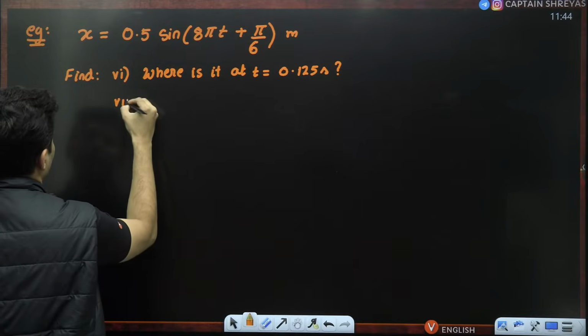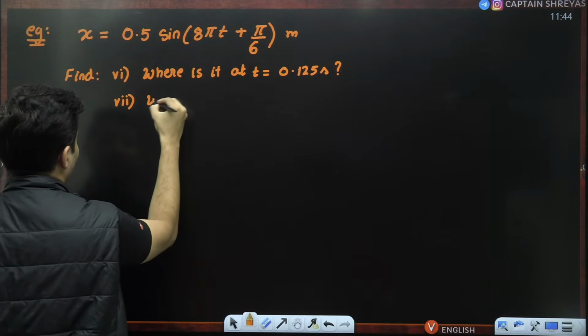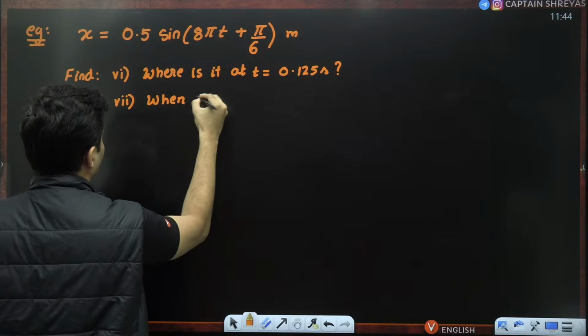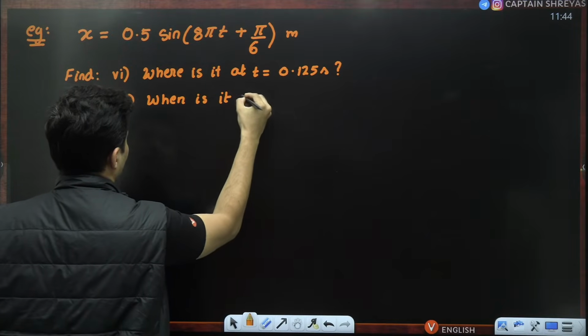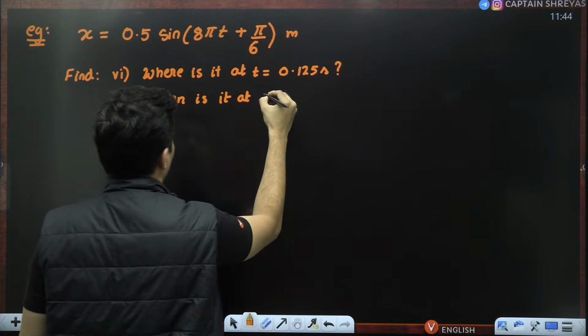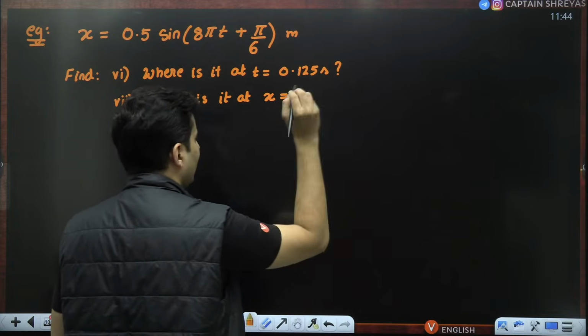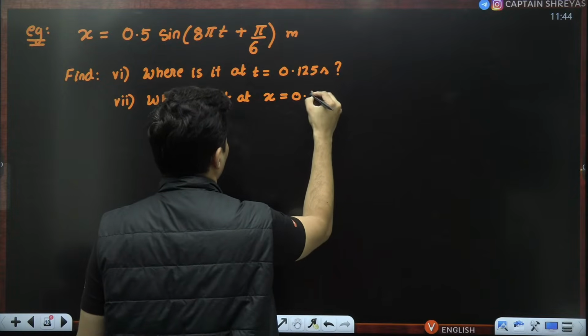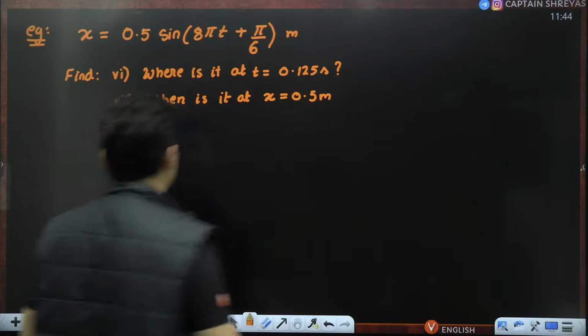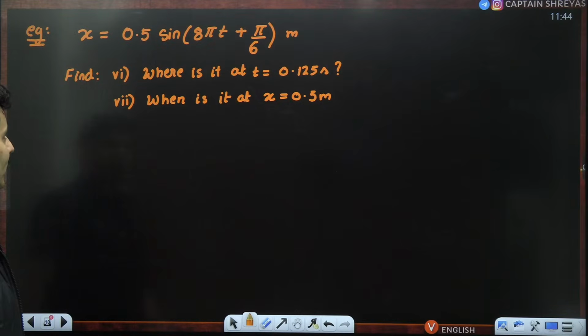Then the next thing that you need to figure out is, when is it at x is equal to 0.5 meters? That is the next question over here.